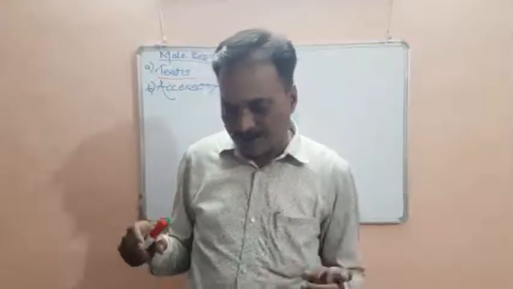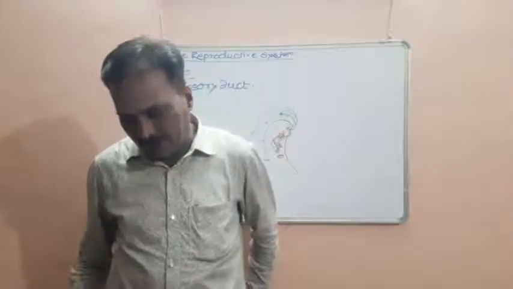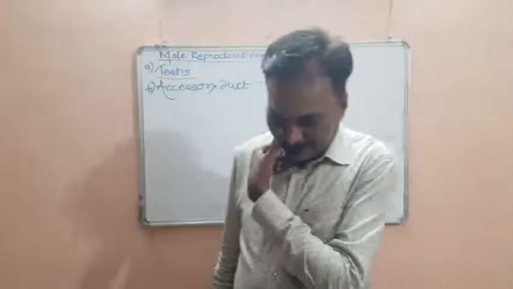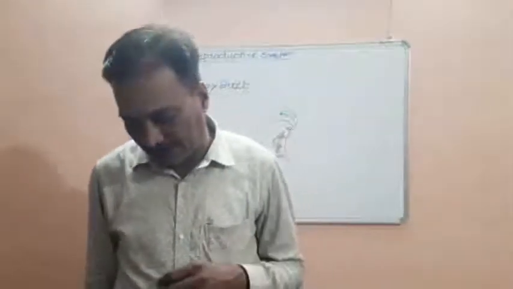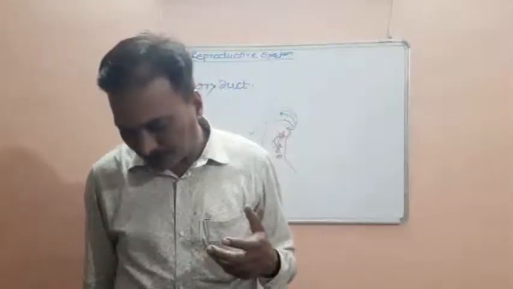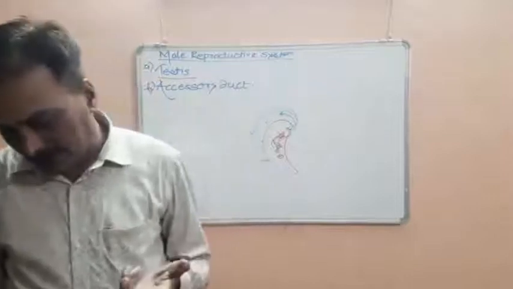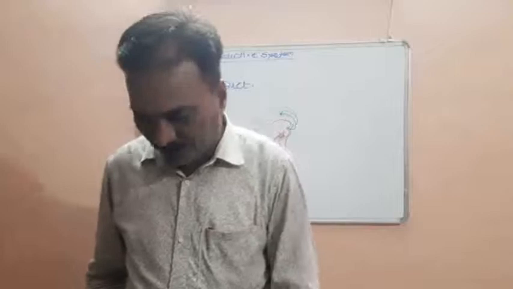That urinogenital duct is long in the case of the male, whereas it is shorter in the case of the female, and it opens outside, called the urethral meatus or urethral orifice.